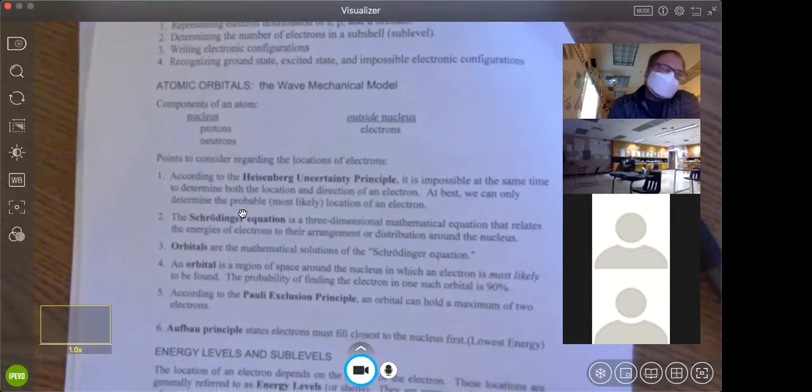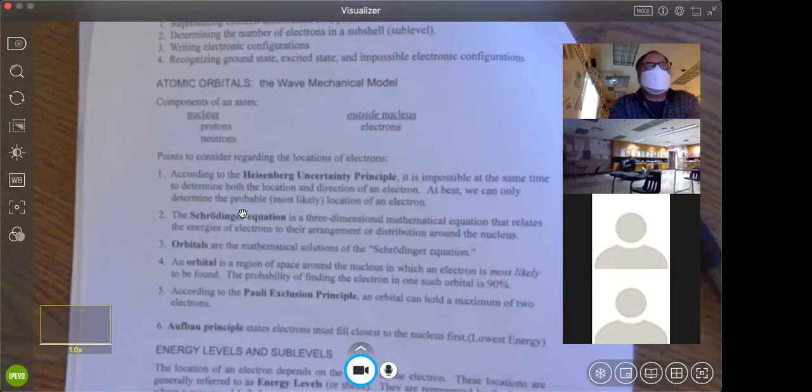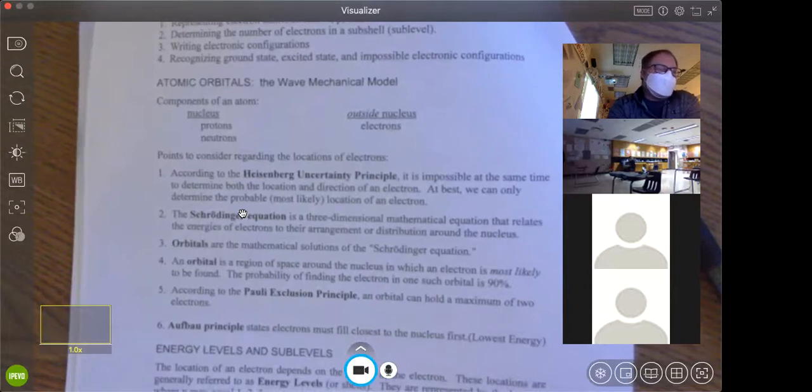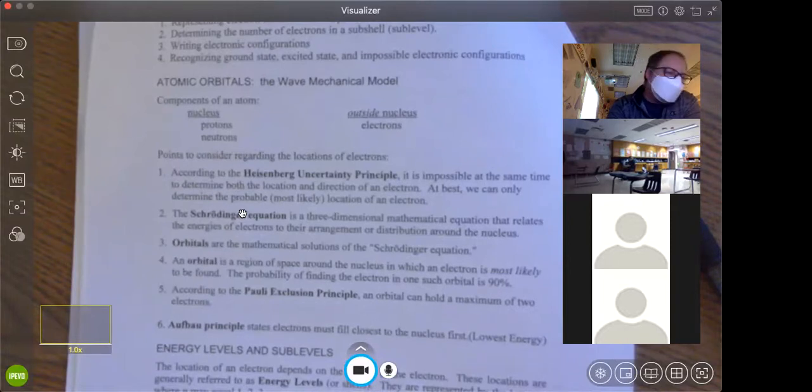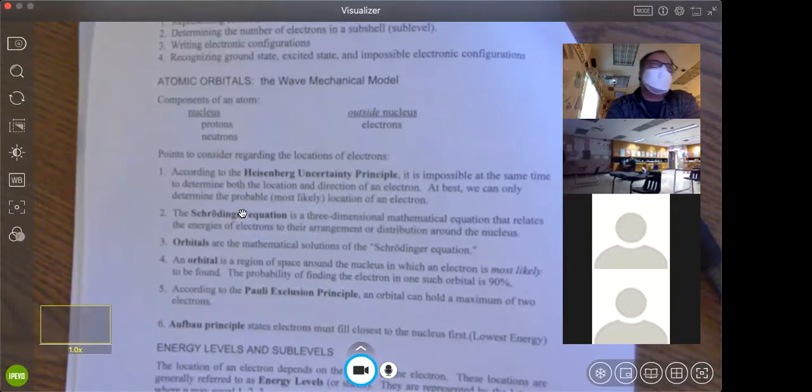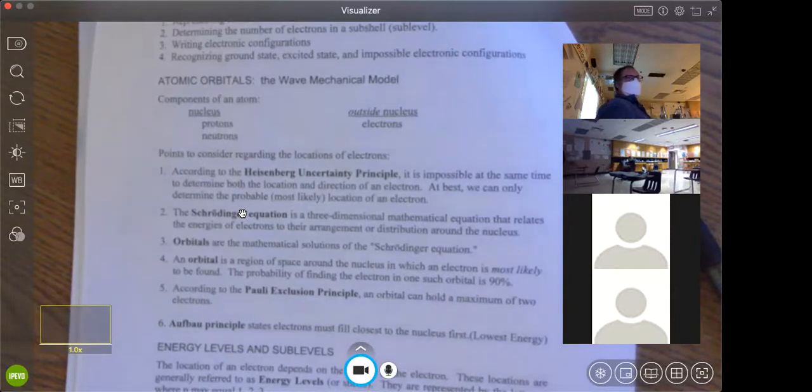Our whole focus with this unit is dealing with electrons. Non-nuclear chemistry, or what we call inorganic chemistry, deals with electrons. Electrons cause the bonding and the reactivity. How matter behaves is based on electrons. So that's what we focus on here.